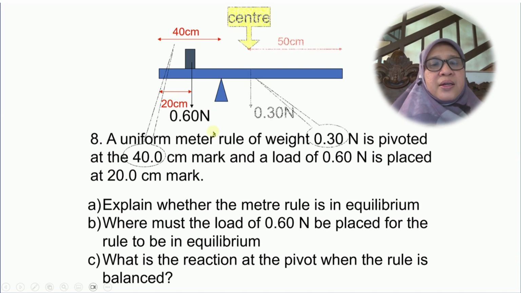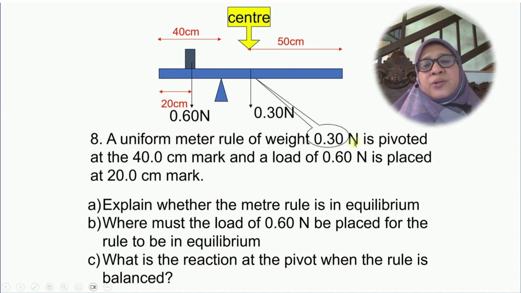Next, the weight of the meter rule is 0.30 Newton. The force acts at the middle. The ruler is 1 meter, so the 0.30 Newton acts at 50 centimeter, the center of the ruler. The direction of 0.30 Newton is downward.